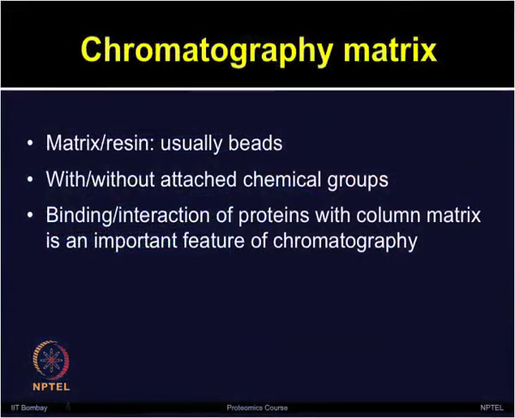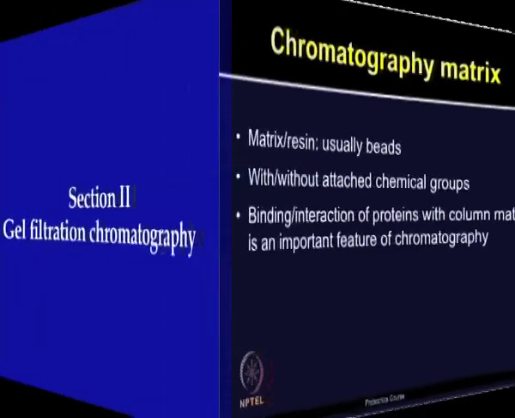So, as we just discussed, chromatography involves the selection of the right matrix. These matrices are very important for binding and interaction of proteins, and they can determine what we want to achieve from these types of chromatographic methods.